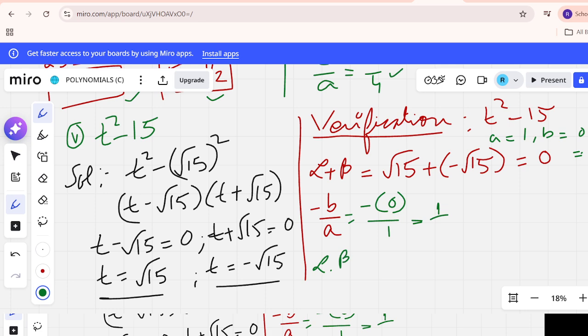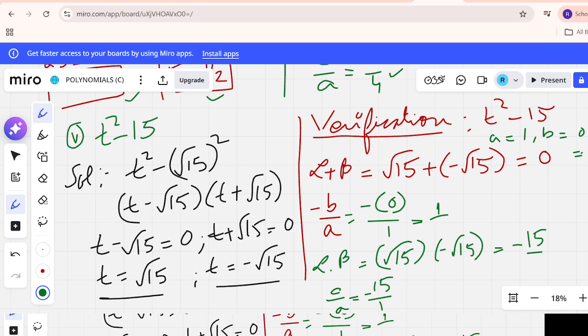Next, alpha times beta: square root of 15 times negative square root of 15. The roots get cancelled, so you get minus 15. Alpha times beta equals c over a. c is negative 15 and a is 1.